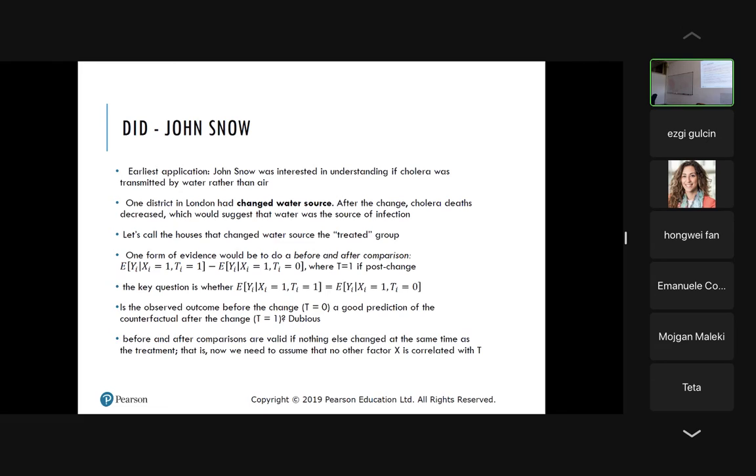So if no other changes happen between these two periods, these 2 years, then we can just compare these 2 periods and we will get the effect of the change in the water source because nothing else changed there. But maybe there are other variables which actually affected the outcome variable between period 0 and period 1. So maybe this difference in the conditional mean doesn't come only from this policy, but something else changed. That's why we need the control group, to account for something that changed over time in these 2 periods.